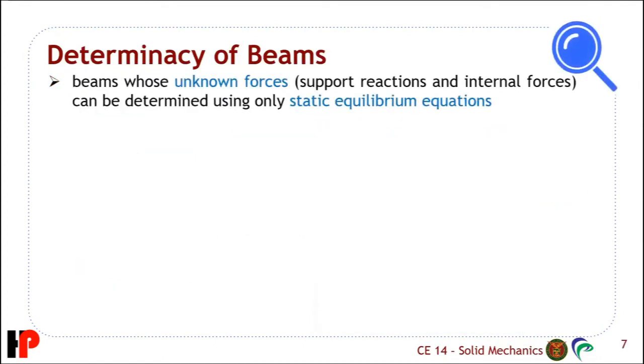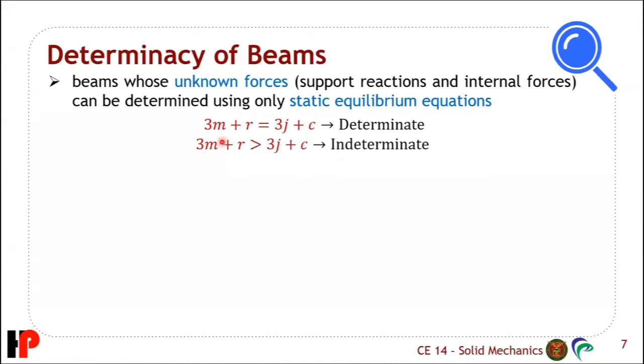So to know if beams are determinate or not, you just compare unknowns versus equations. So if they are equal, 3M plus R equals 3J plus C, determinate siya. Now, if the number of unknowns, 3M plus R, is greater than the number of equations, 3J plus C, it is considered statically indeterminate. So yun yung technical way of finding it.